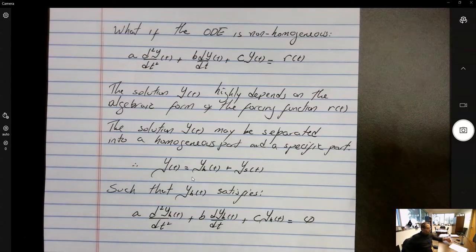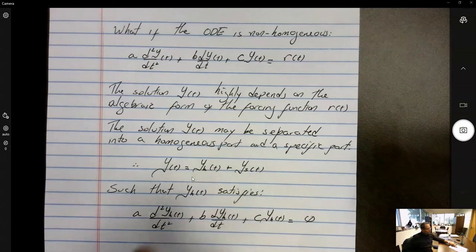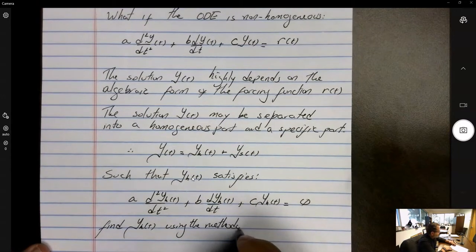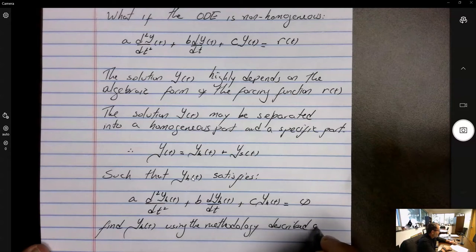Again, find the roots and determine what the roots are, and so that is this part of the solution. So find yh of t using the methodology described above, that we just described.